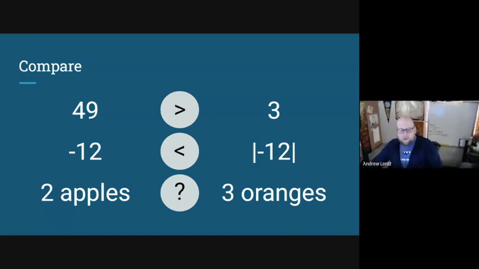Who disagrees with Josue? Olivia says 2 apples is less than 3 oranges. But here's the deal. What if you're allergic to oranges? Would 3 oranges still be greater than 2 apples? How do we compare different things?